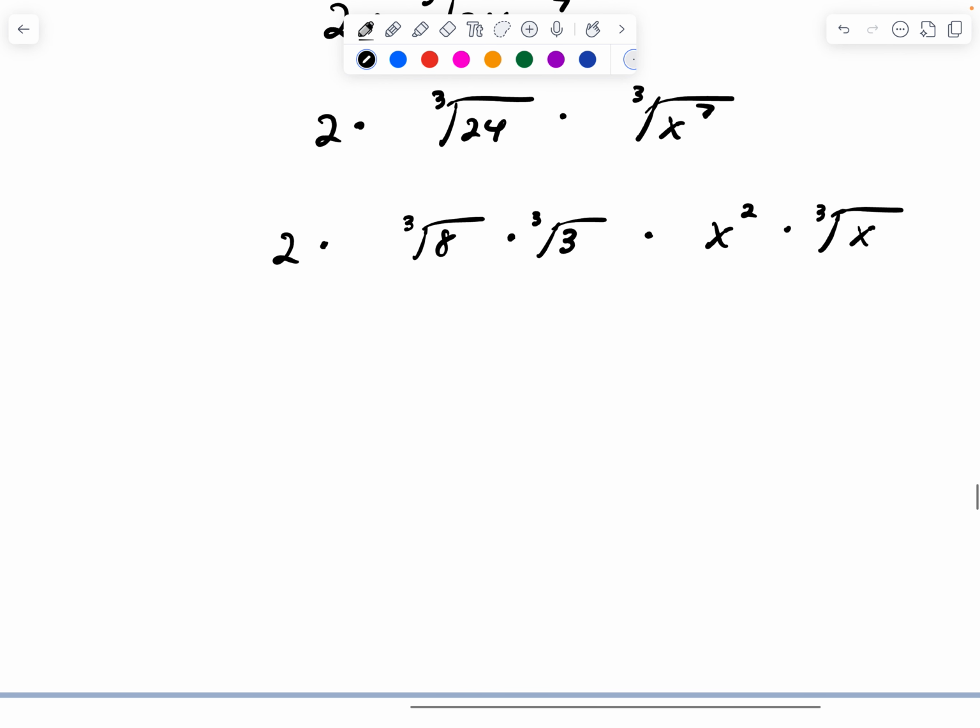Okay, so again, I do know the cube root of 8 is 2. That 2 times the 2 that's already out there gives me 4. X squared, that's outside. And what's left inside is going to be the cube root of 3x. Again, I put this little dot here so I don't get my exponents and indices confused, but you don't have to put it there.